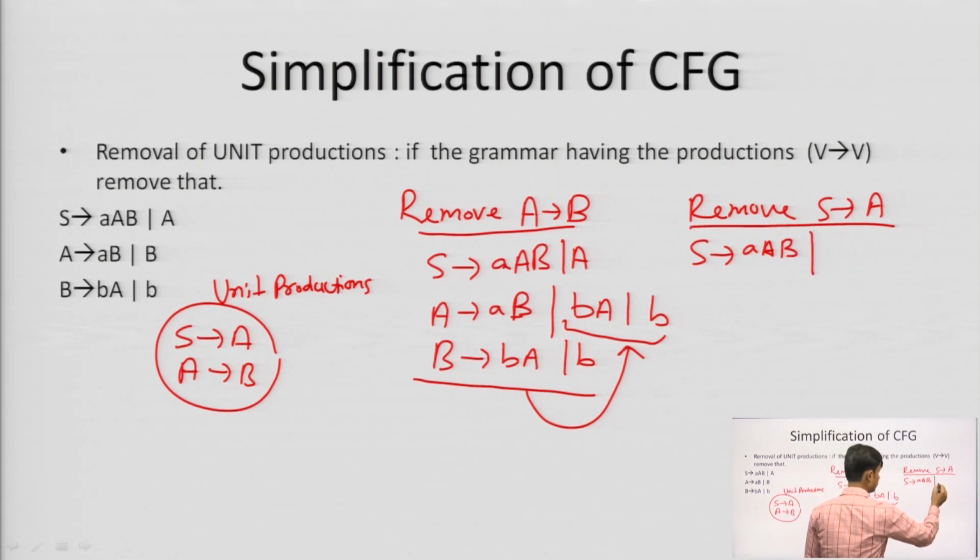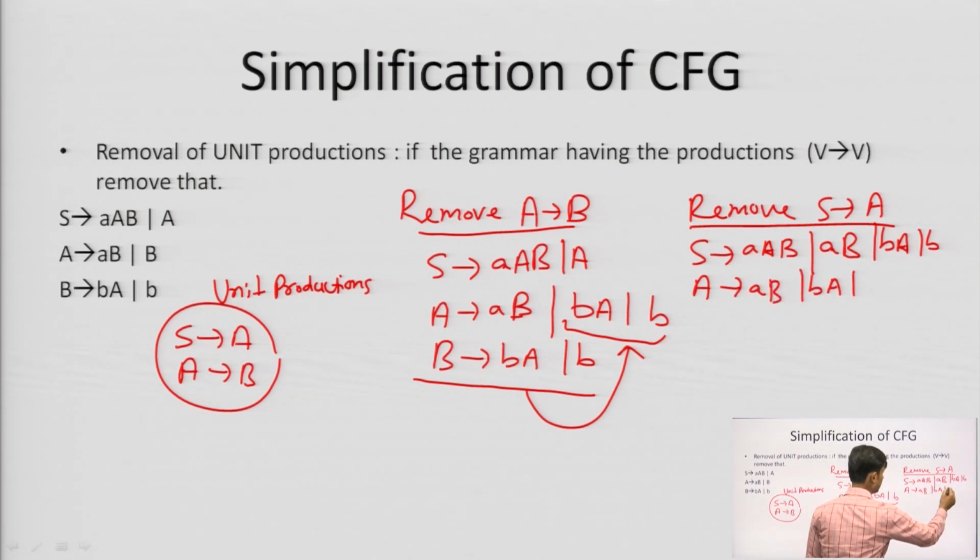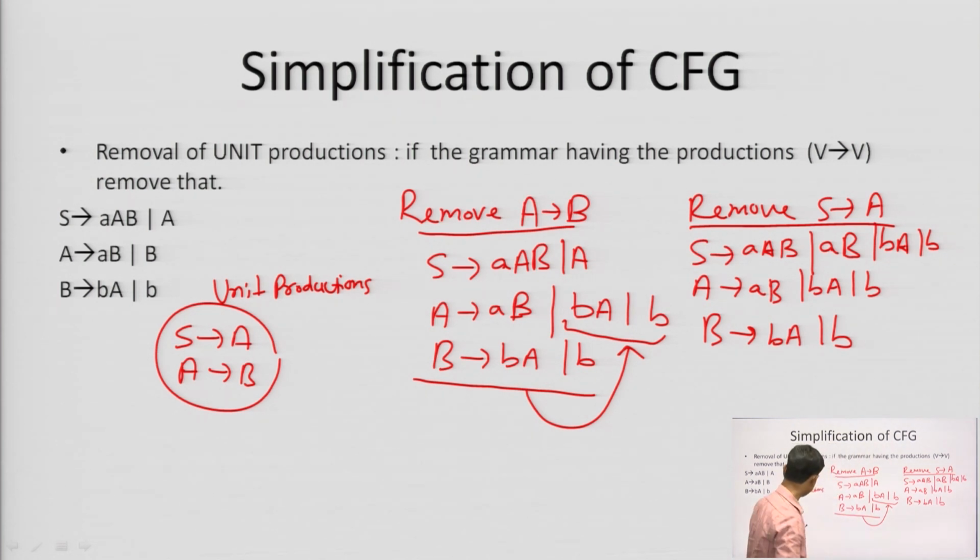So, here it will be A, B, B, A and B, and here is A to A, B, this is B, A and B to B, A, B. I just substitute here, first the B production, whatever B production we put there in A to B, then whatever A production we put there in S to A. So, we just substitute it, this is very easy to do.